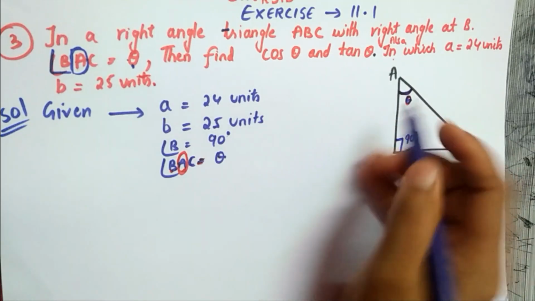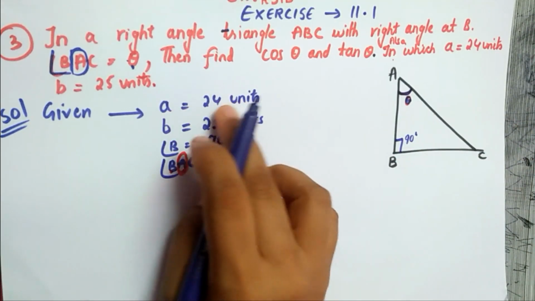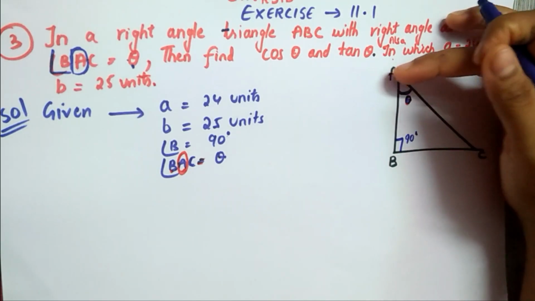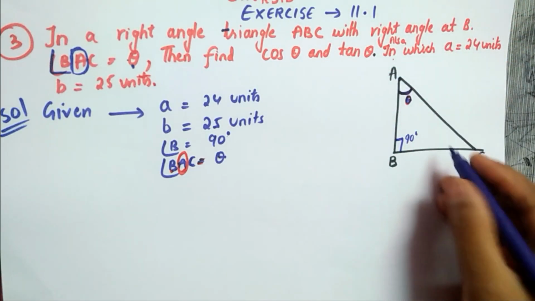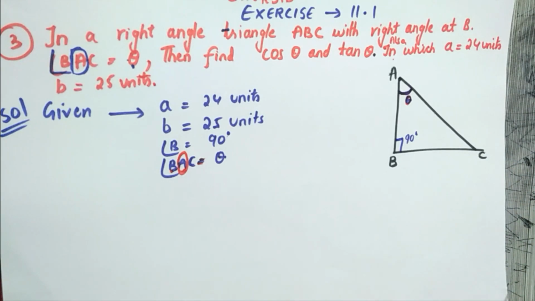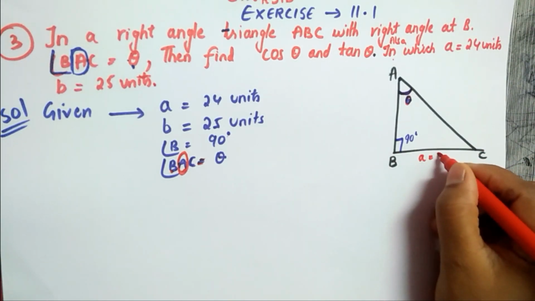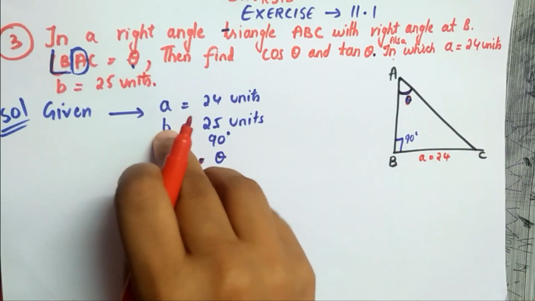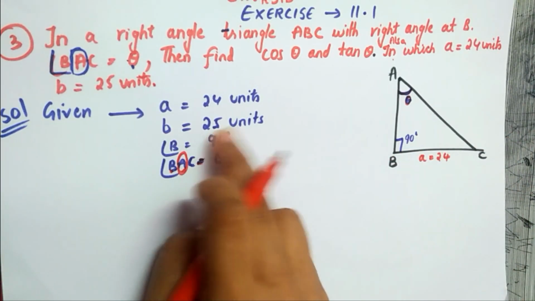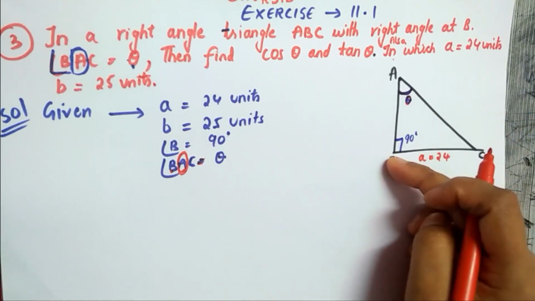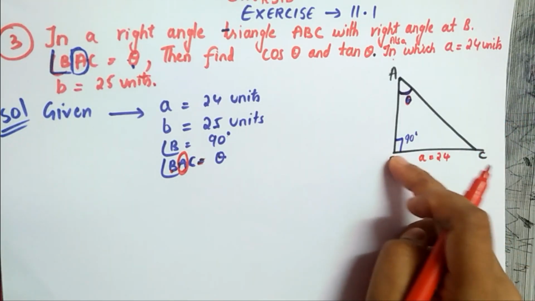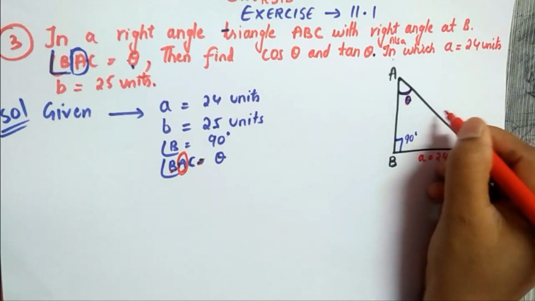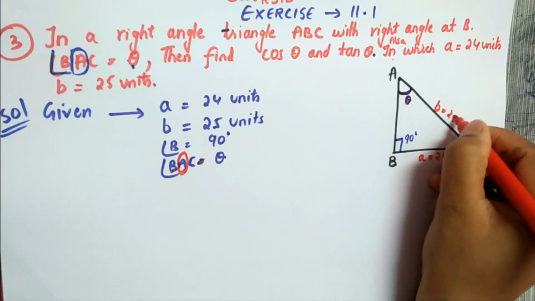Whenever there is a small a, 24 units, it is opposite to angle A. Small a is equal to 24 units. Whenever small b, 25 units, is given, it is the length opposite angle B. So b is equal to 25 units.